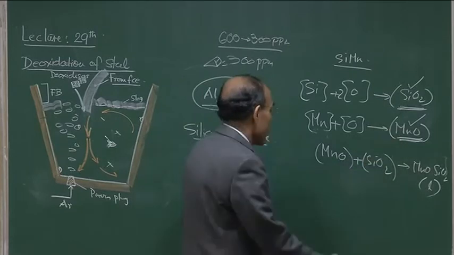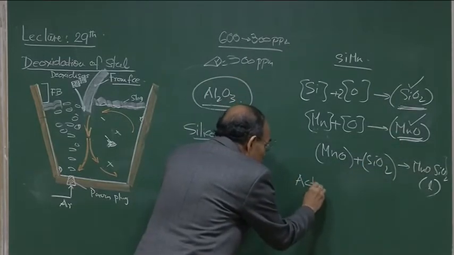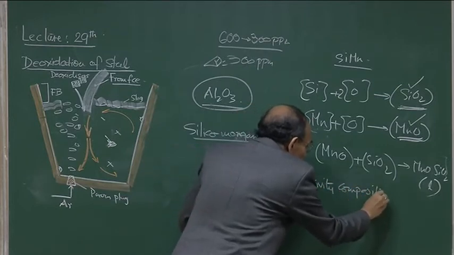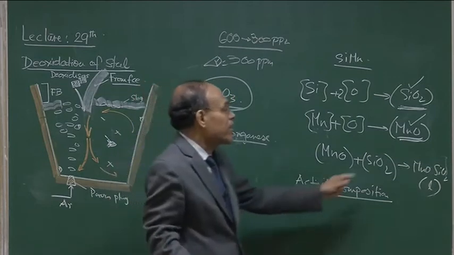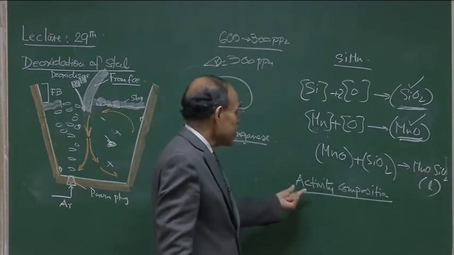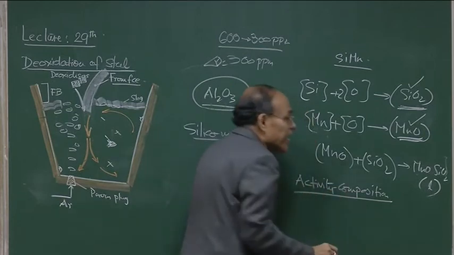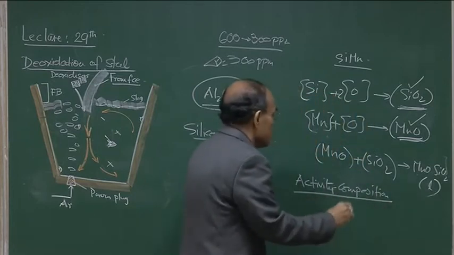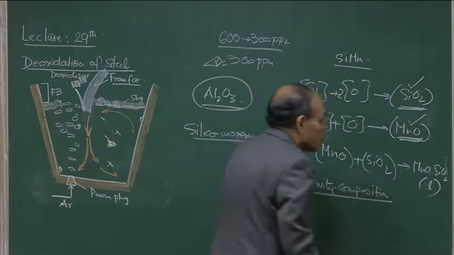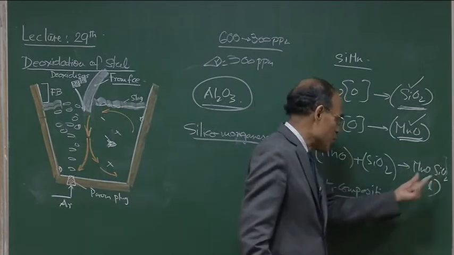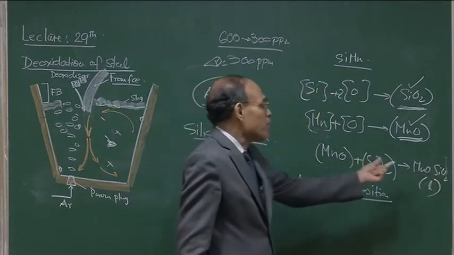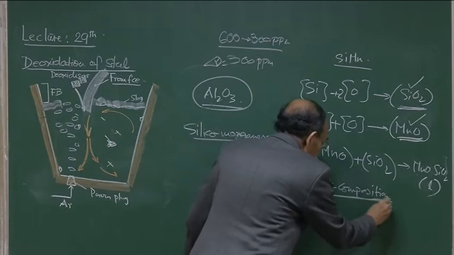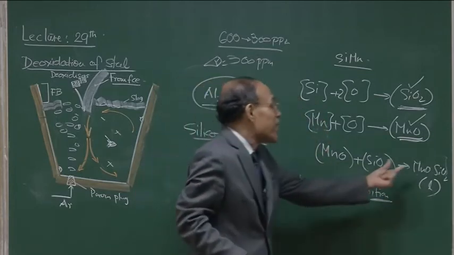So, I have to use the correct activity of SiO2 and the correct activity of MnO, and how do I know this? I require in such a case an activity composition diagram. So, I will look at the phase diagram between MnO and SiO2, an activity composition diagram where activity is given in terms of the composition of the various species. If I know the MnO SiO2 composition, which can be found easily by chemical analysis, then we go to the activity composition diagram for this binary system.